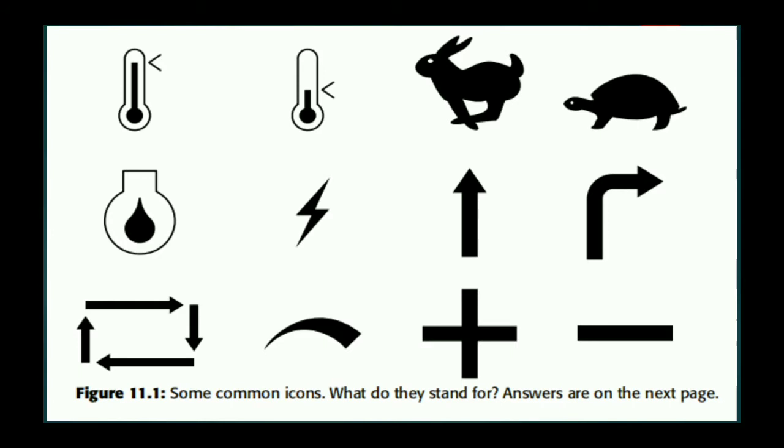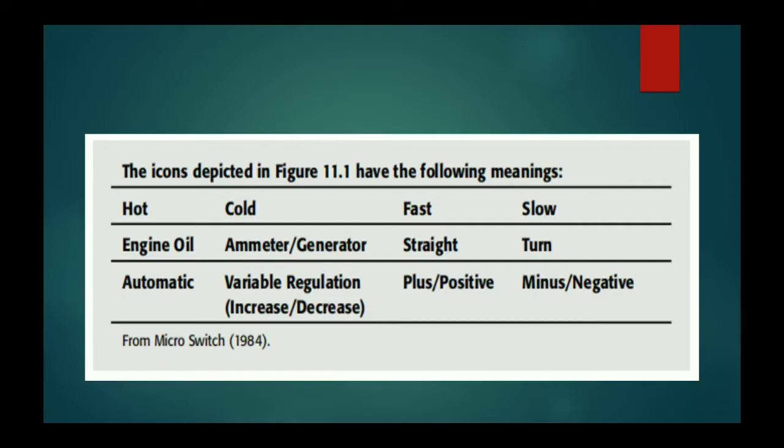The next icon, the tortoise, depicts that things are very slow. The fast and slow. So the first is hot, second is cold, third is fast, and the fourth one is slow.